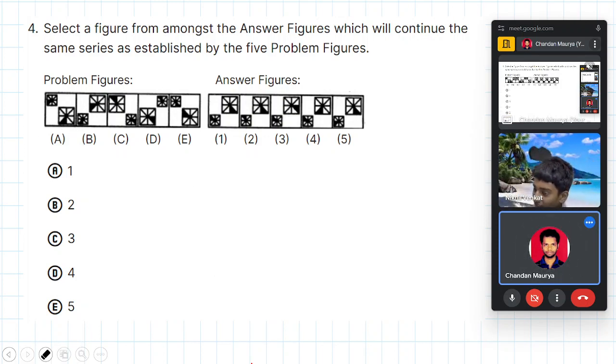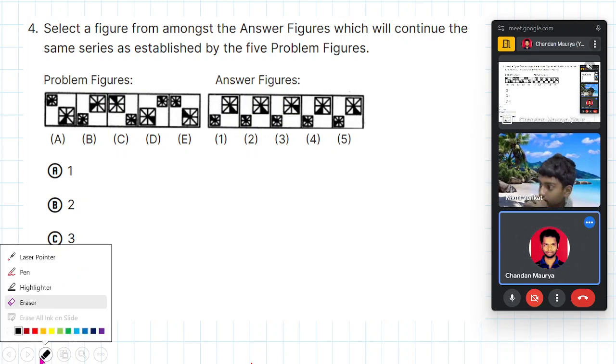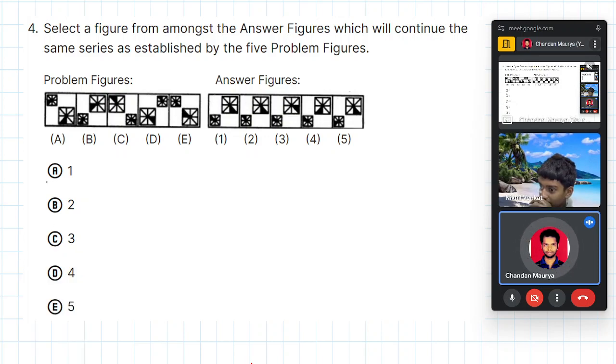So just look at the shaded part. Initially, it was here. It just moved one part up.